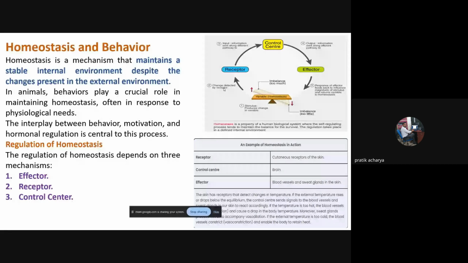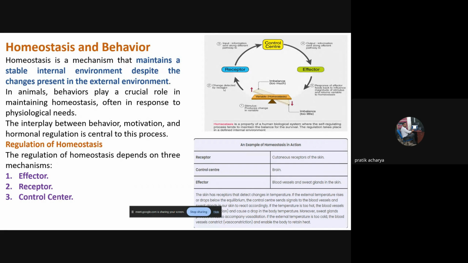The receptor helps in receiving that stimulus and sends the message to the control center. Accordingly, the control center starts interpreting what kind of change it is and what kind of action the body has to take to mitigate that stimulus.